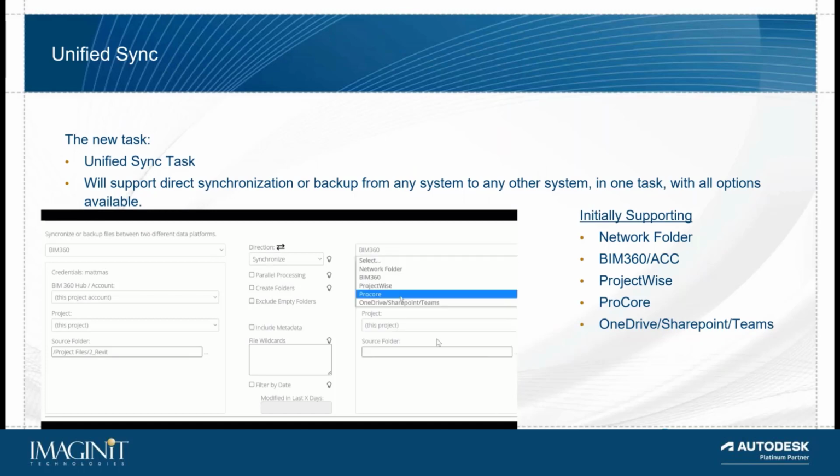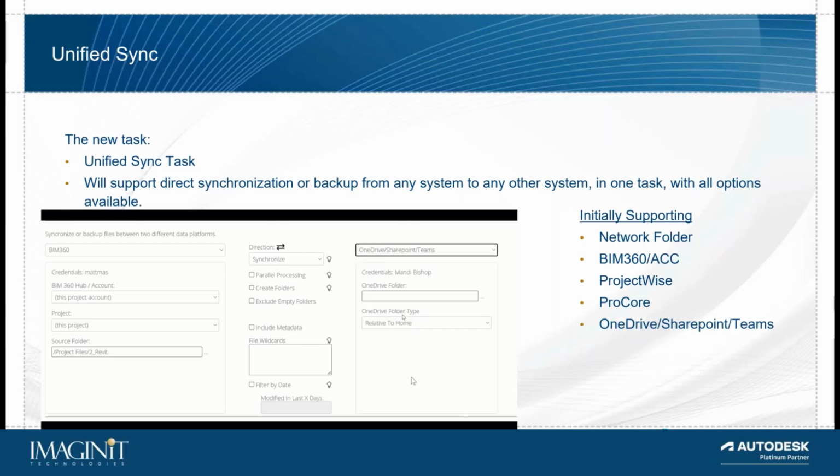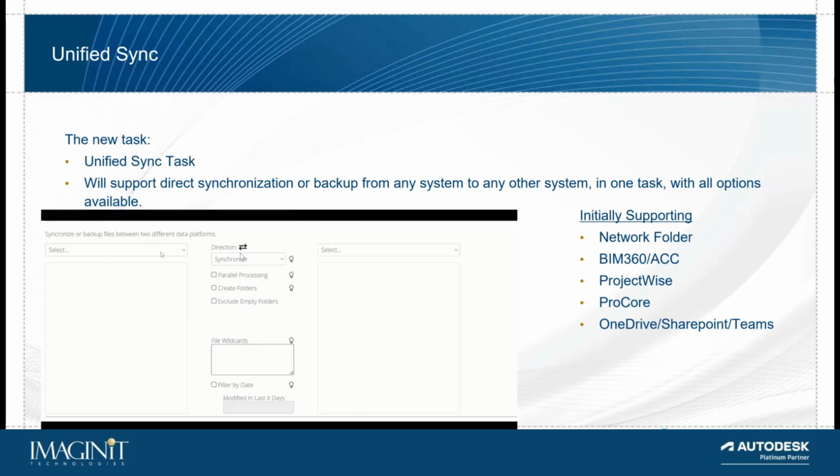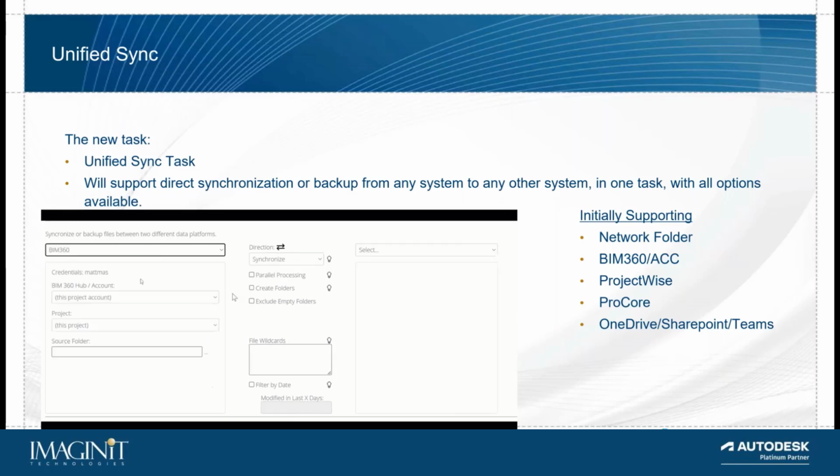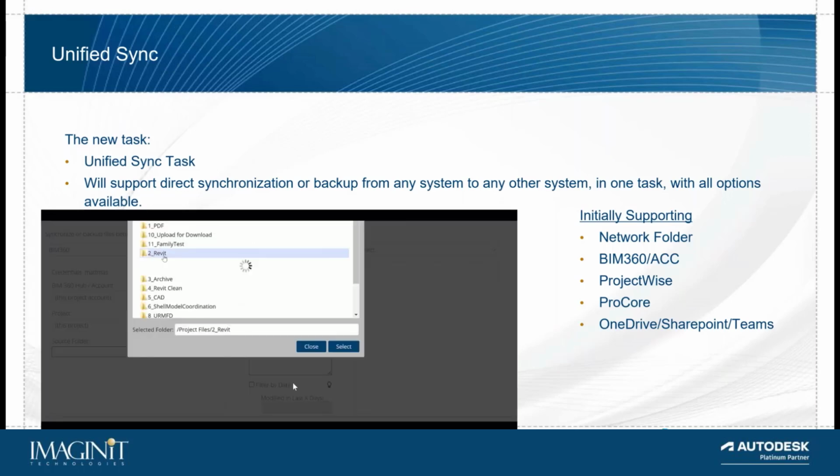Just pick the two sides, configure whatever the configuration is on both sides, and we've got a fully consistent set of options in the middle about what options we support, whether we're just moving the latest files or changes or metadata or any number of things.